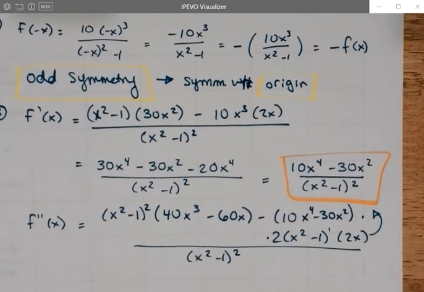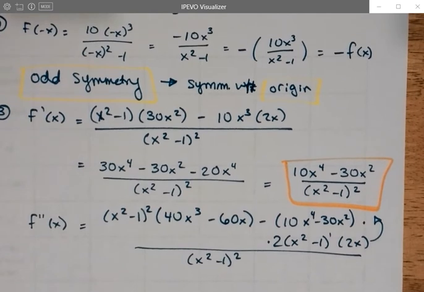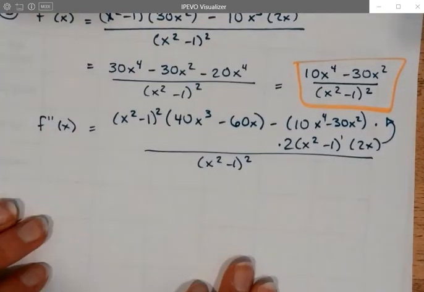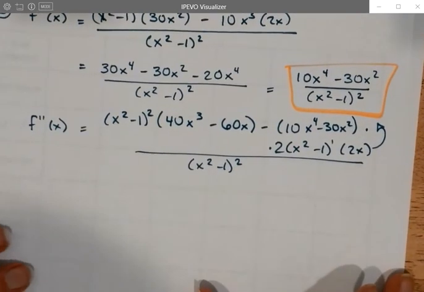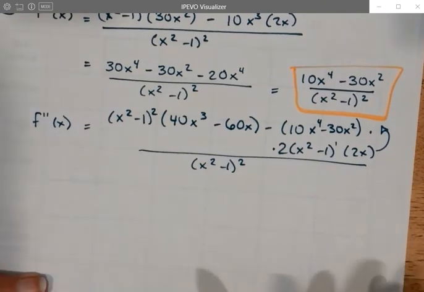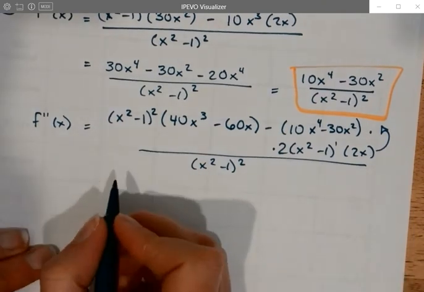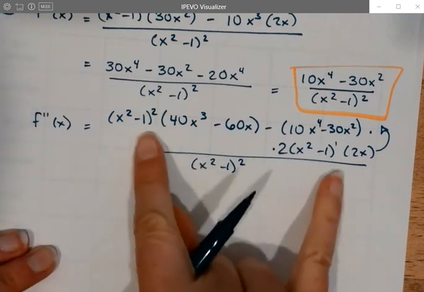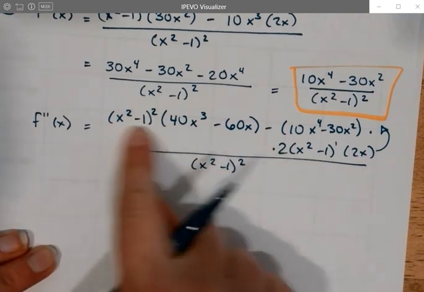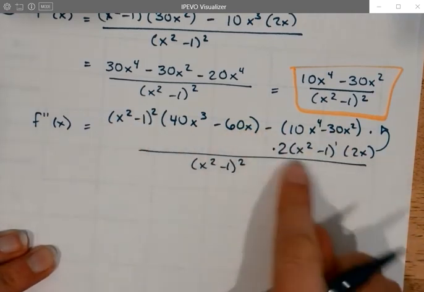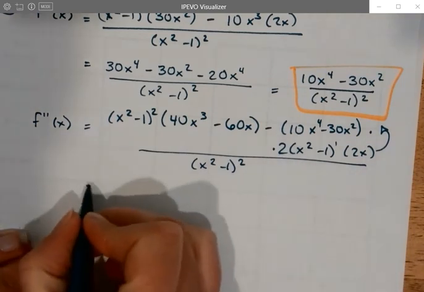Okay, I believe your project does ask you to leave things not simplified. If I go ahead, I'm going to simplify this one just so that we get some practice, and so also that we can solve a little easier for the critical values. First thing I would do is, since this large group and this large group have an x squared minus 1, is I would factor that out.